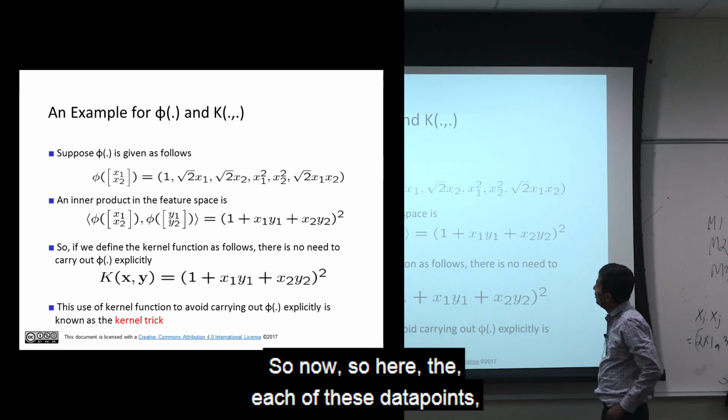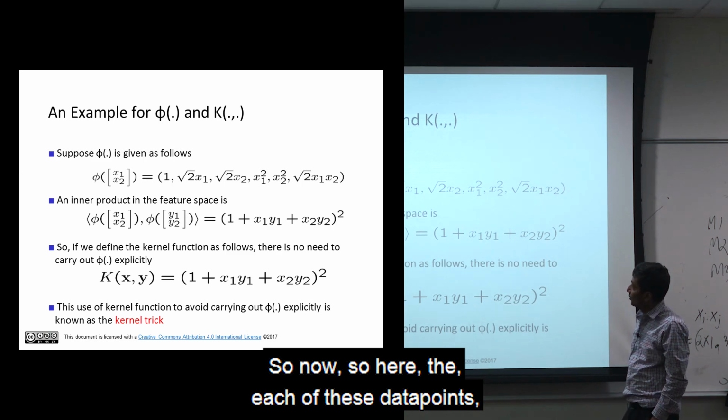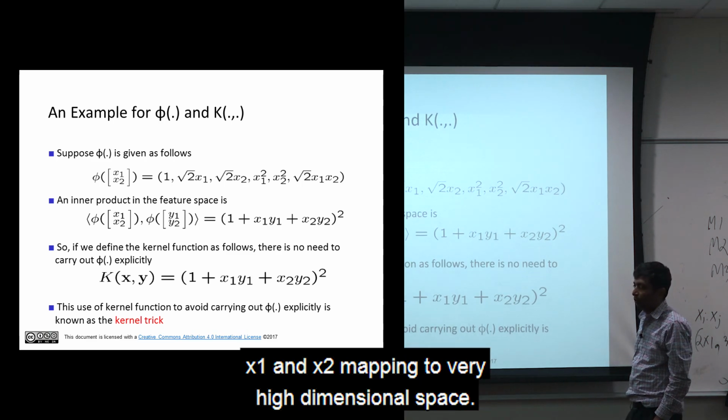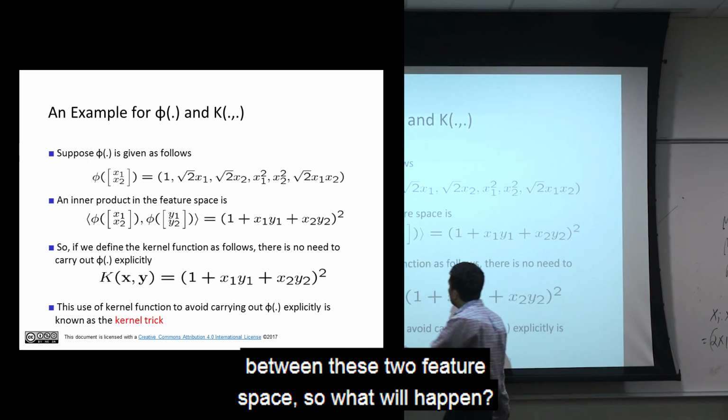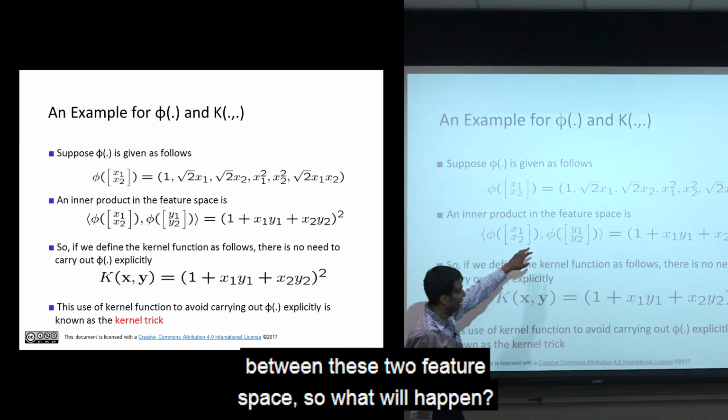Each of these data points will map into a very high dimensional space. Now if I take an inner product between these two feature space vectors, what will happen?